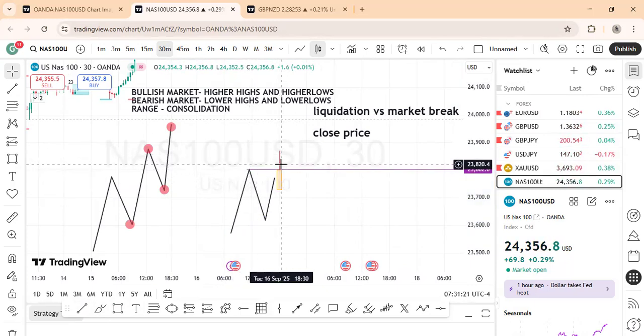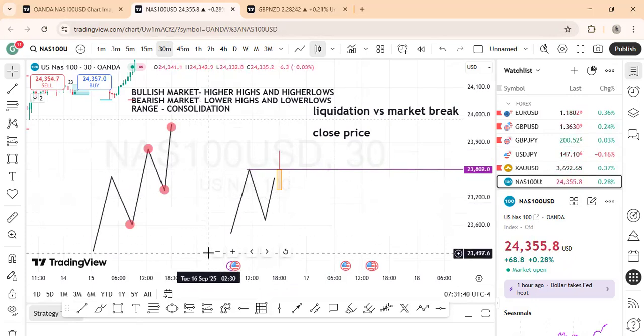A higher high is valid when price closes above the previous high. Please note that this is a mistake that you guys make. This is what we refer to as a liquidation, right? A liquidation is not a market break. So remember that.